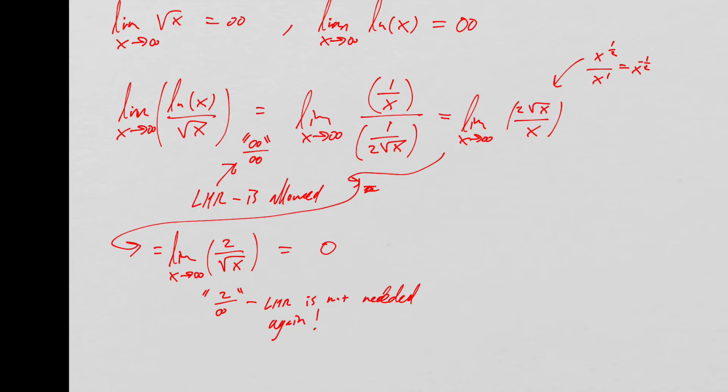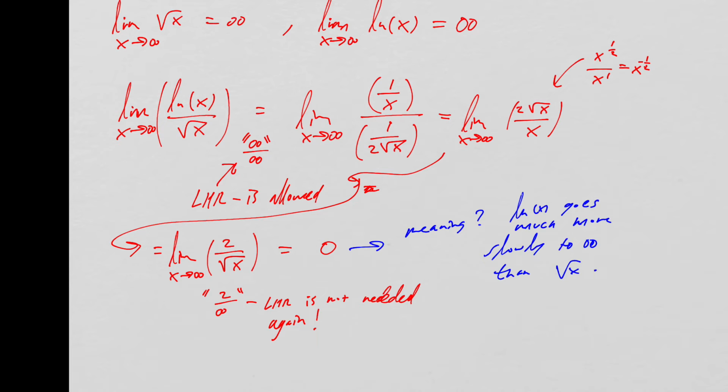Okay, so what is the meaning of this? It means that natural log of x goes much more slowly to infinity than root x.